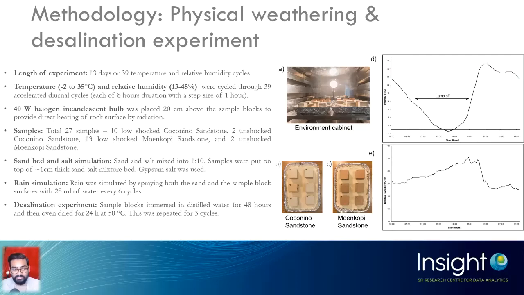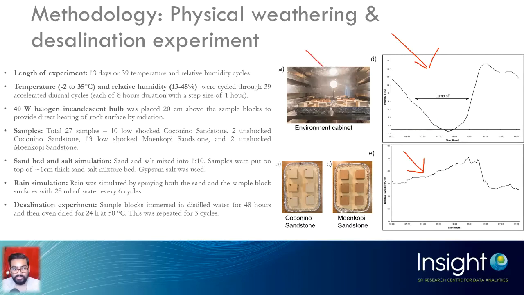We cycled temperature from -2 to 35 degrees Celsius and relative humidity from 13 to 45 percent. On the right-hand side of the slide, figures D and E show the conditions of temperature and relative humidity in the environmental cabinet.